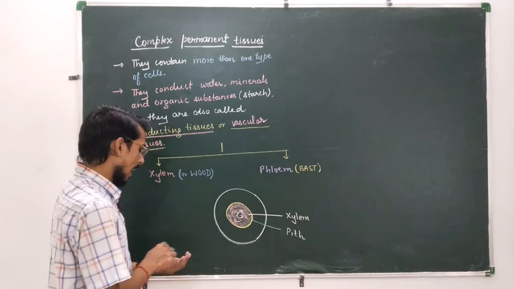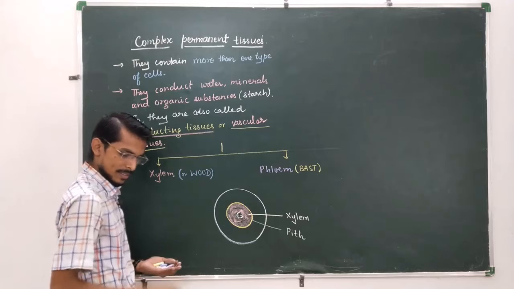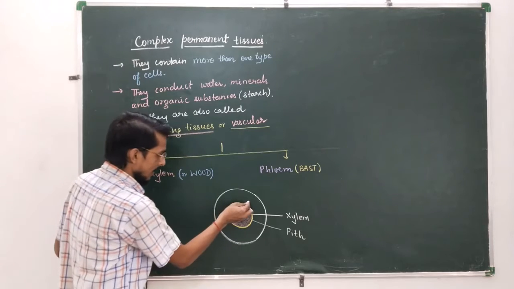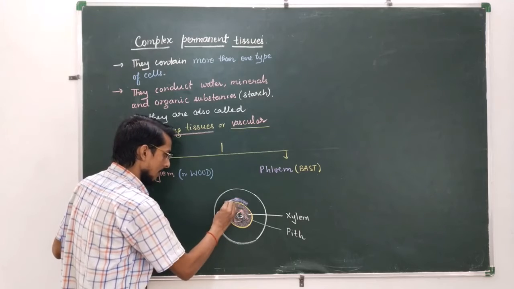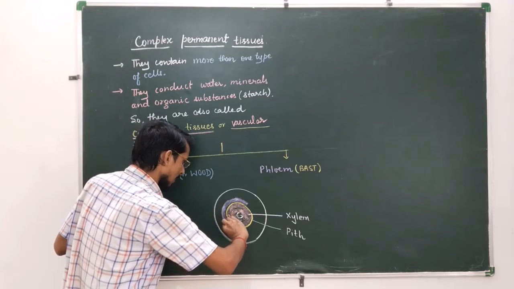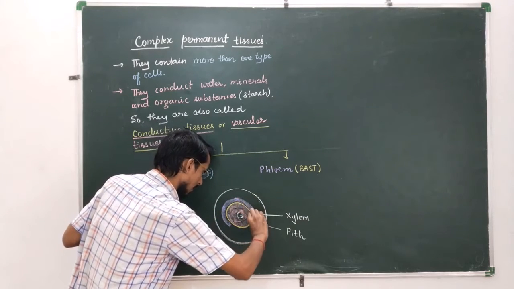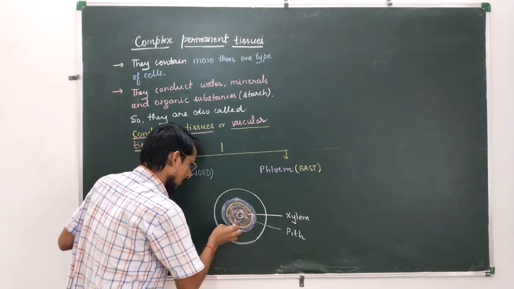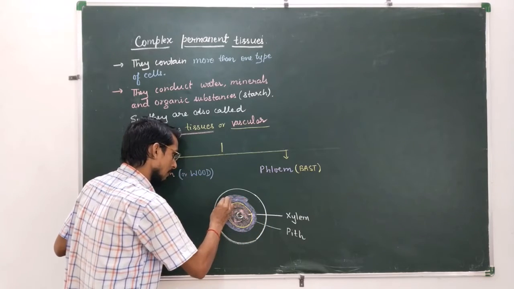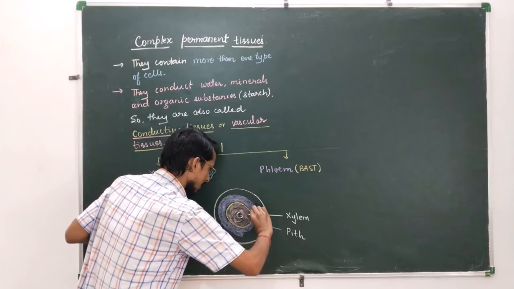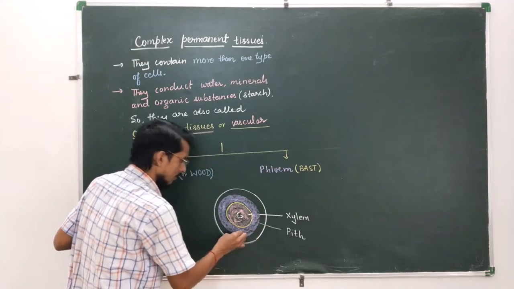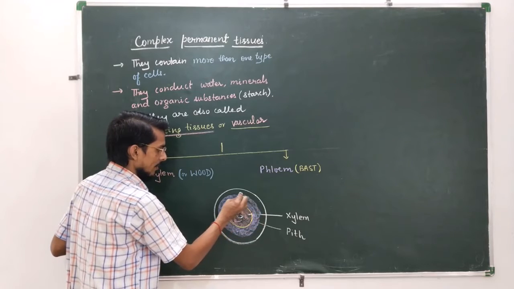Okay. And after this layer, there is phloem. This is phloem. Let me make it quite wider so that you can easily understand.